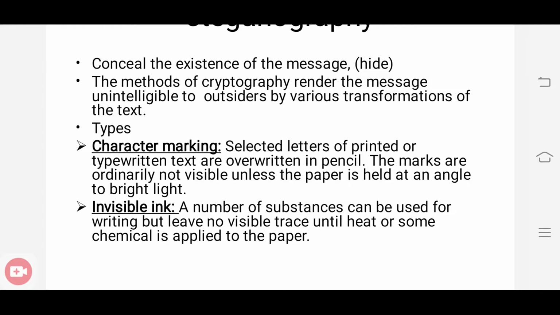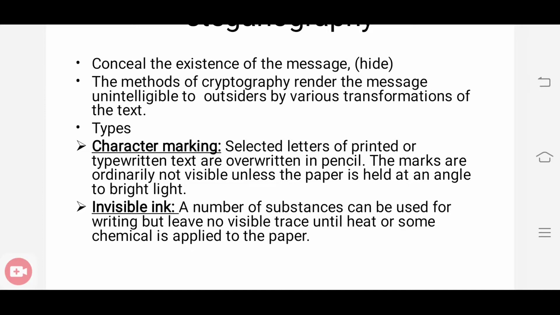We are using some pencil mechanism and we overwrite some part of the plain text message or some selected letters of the plain text message. And these pencil marks are ordinarily not visible to users unless the paper is held at an angle to bright light. Okay, that is character marking.